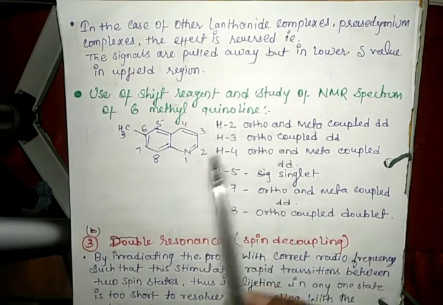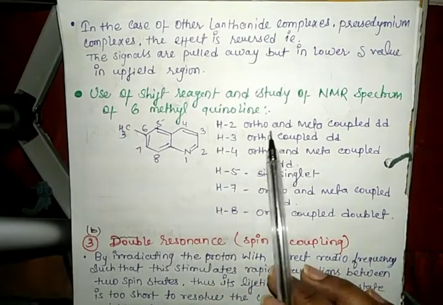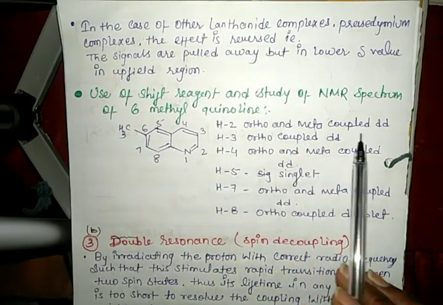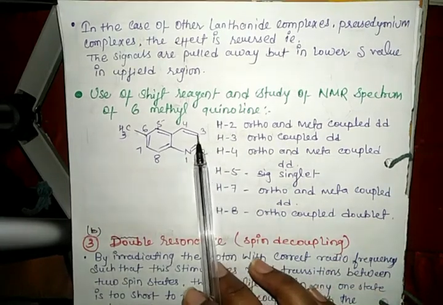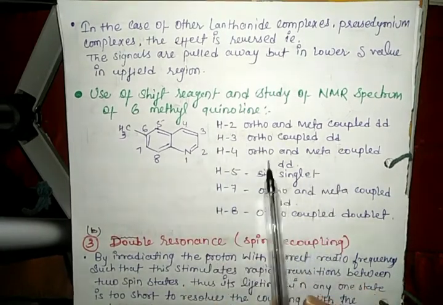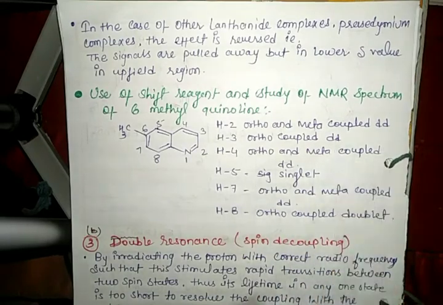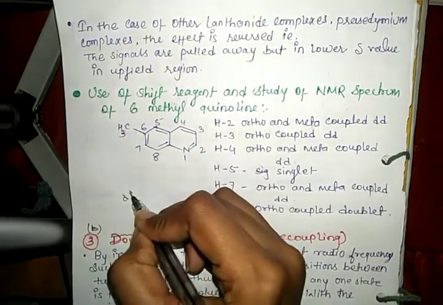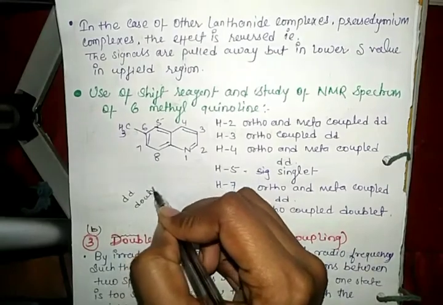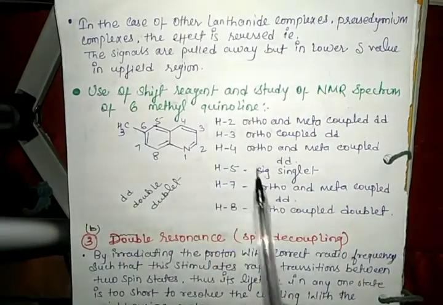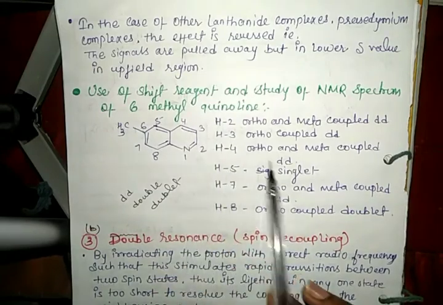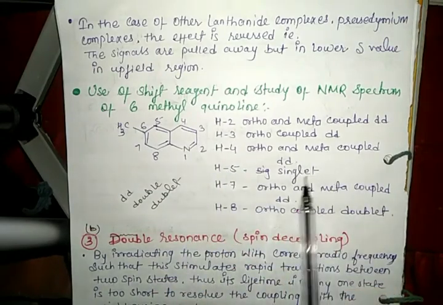For H2 hydrogen, for this hydrogen, ortho and meta coupled double doublet. And for H3 hydrogen, for this hydrogen, ortho coupled double doublet. DD means double doublet. Next point, H4 hydrogen, ortho and meta coupled double doublet.